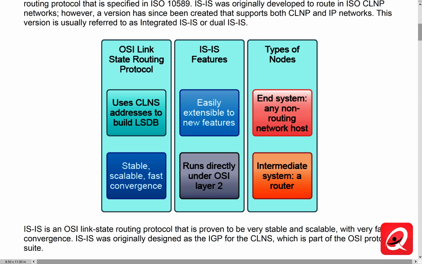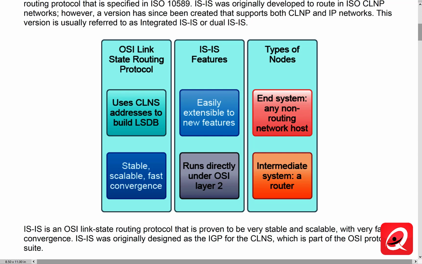And like I mentioned previously, they have three major components. We have the area identifier, which is the prefix, followed by a system identifier, and then an end selector. And the end selector refers to the network service user, like the transport protocol or the routing layer.